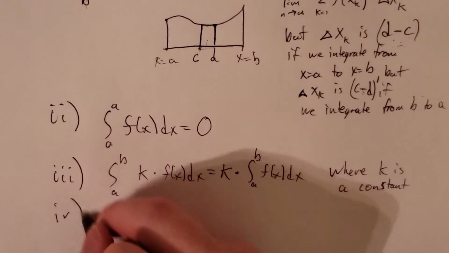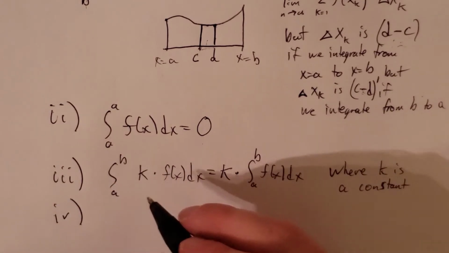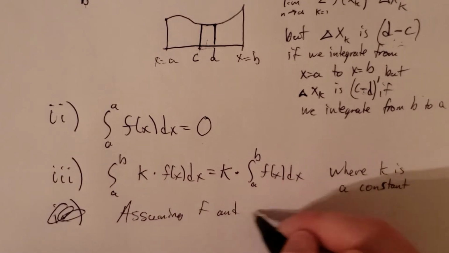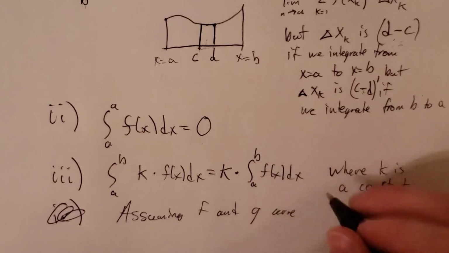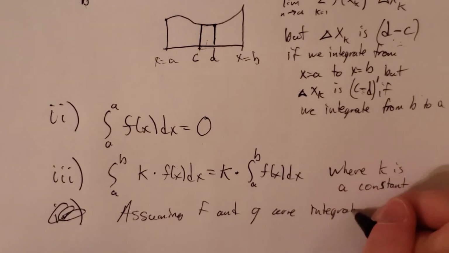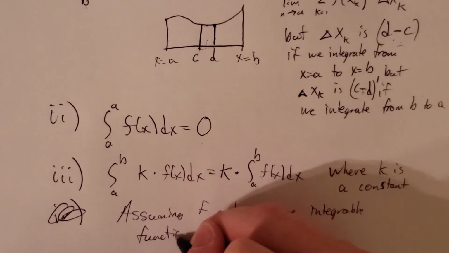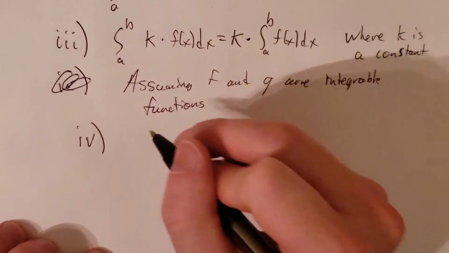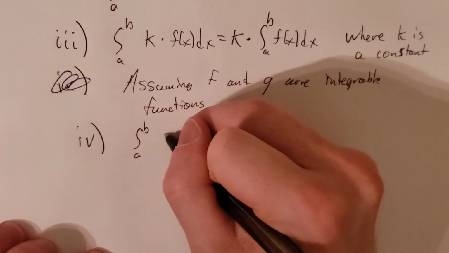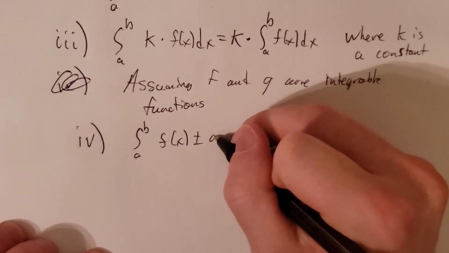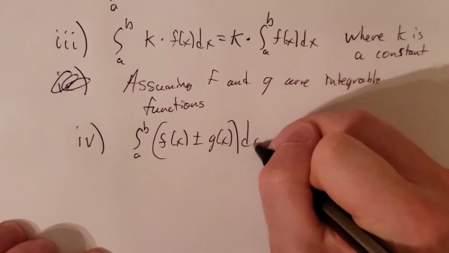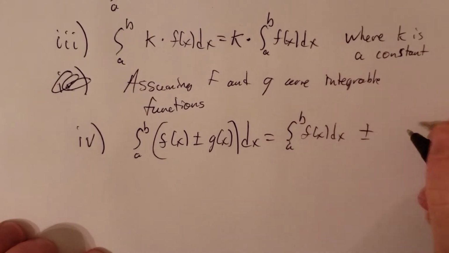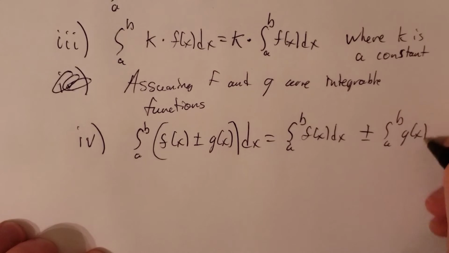All right, our fourth property here is, actually we need to write something first. Assuming f and g are integrable functions, then property 4 is the integral from a to b of f of x plus or minus g of x dx is just the integral from a to b of f of x dx plus or minus the integral from a to b of g of x dx.